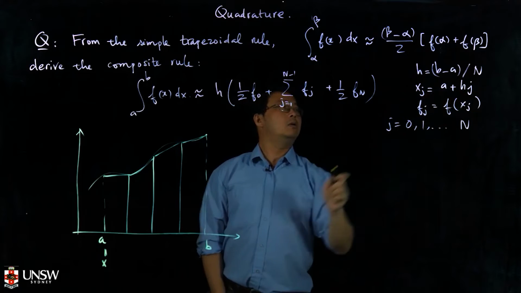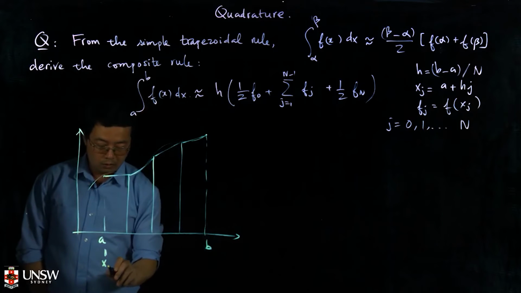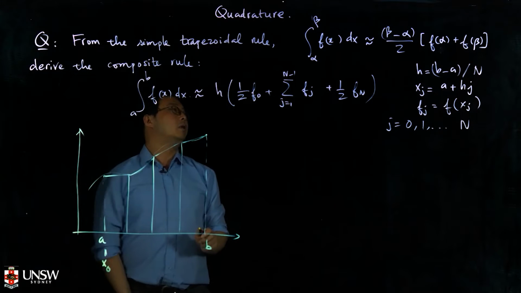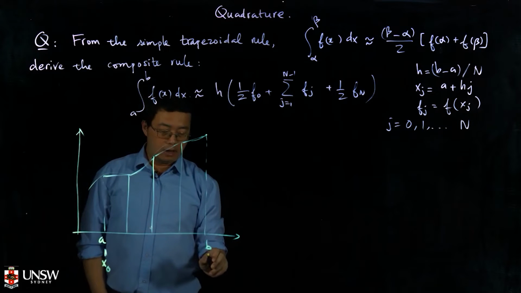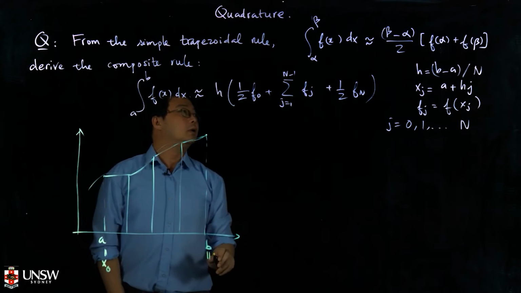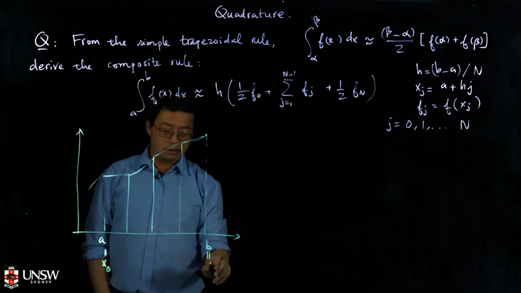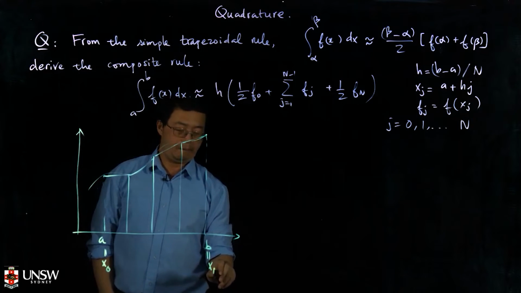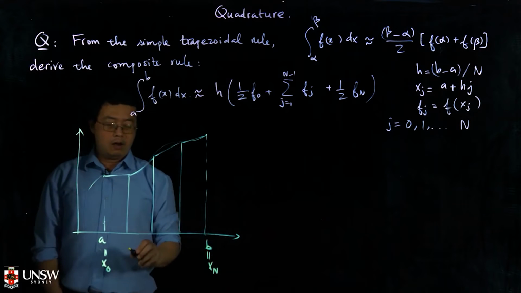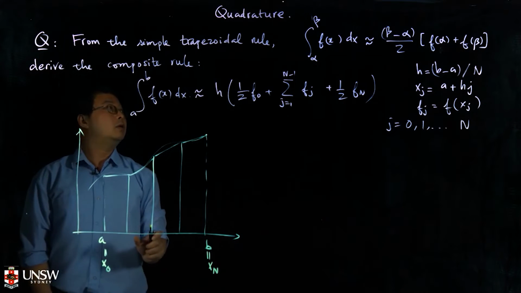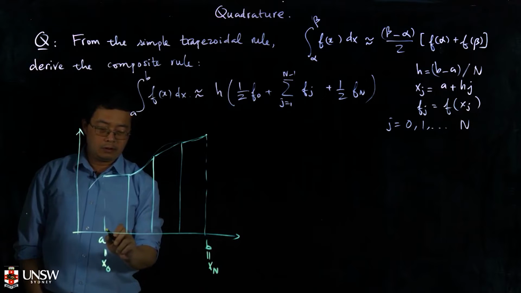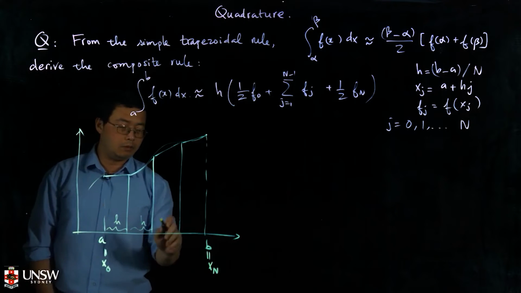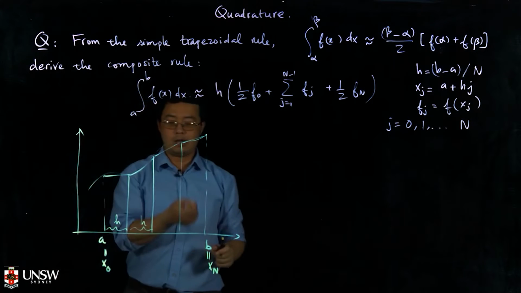So x0 is at the point A, the left point, and at the right point I label this one capital N, x_N. Okay, so now what is the width? The width of the subintervals is h, and they are equally spaced, so every trapezium has the same width.